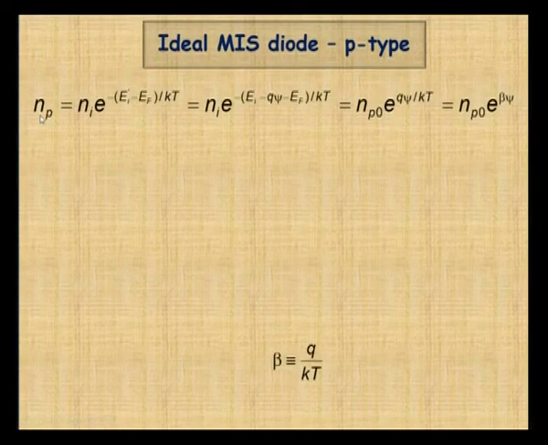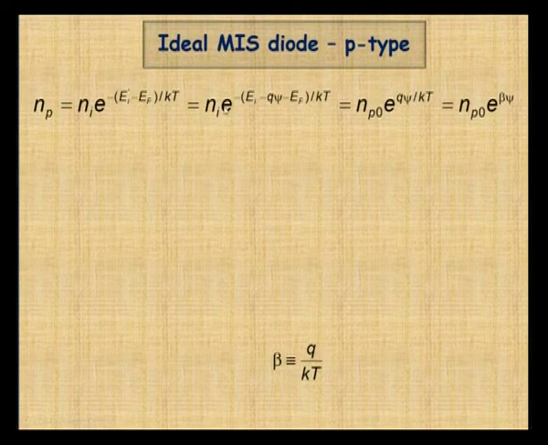These are some of the formulas that we need to know. The concentration of holes is equal to the intrinsic concentration times e to the power of minus (Ei, the intrinsic energy, minus the Fermi energy) divided by kT, where k is the Boltzmann constant.